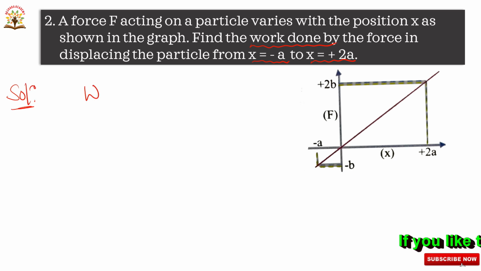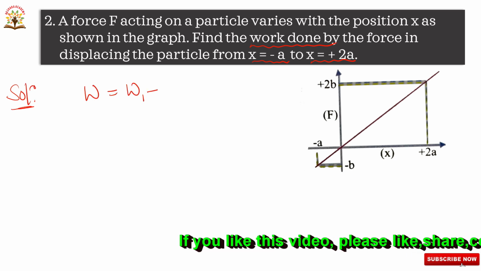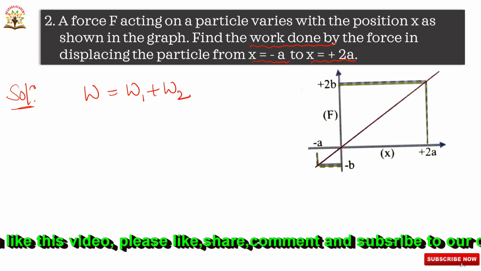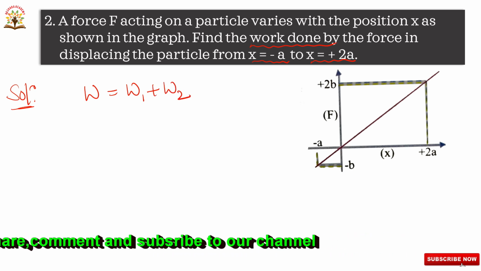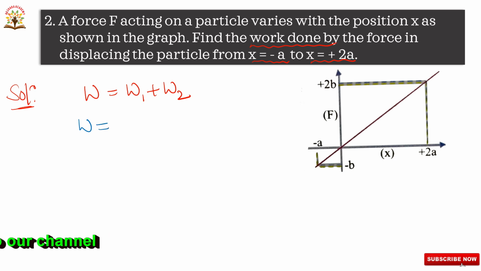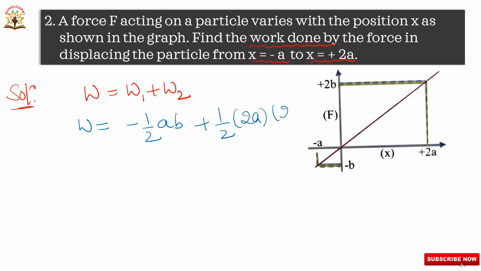Work done W equals W1 plus W2. So now W equals minus half AB plus half into 2A into 2B. Work done is equal to force into displacement.